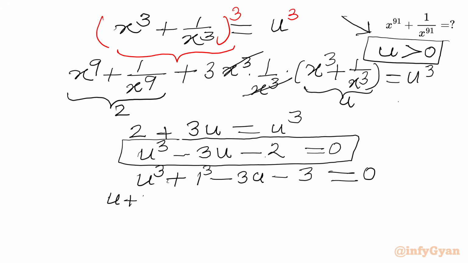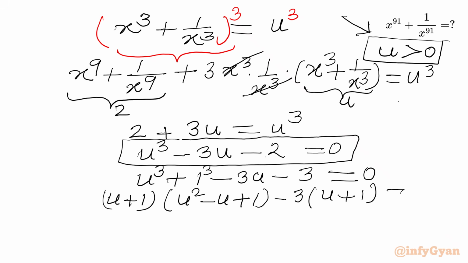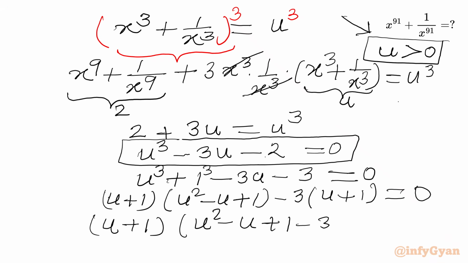So we can write u plus 1 times u square minus u plus 1. And from the next two terms we can take minus 3 common. So there would be u plus 1 in the bracket. Right hand side is 0. u plus 1 is overall common. So we will write u plus 1 times u square minus u plus 1 minus 3 equal to 0.